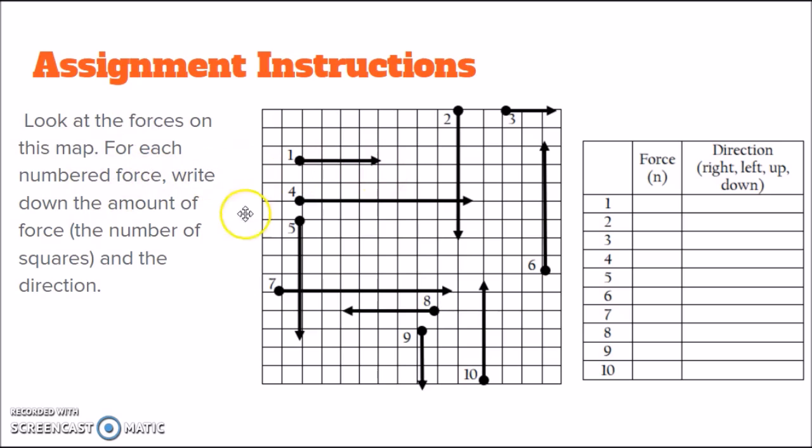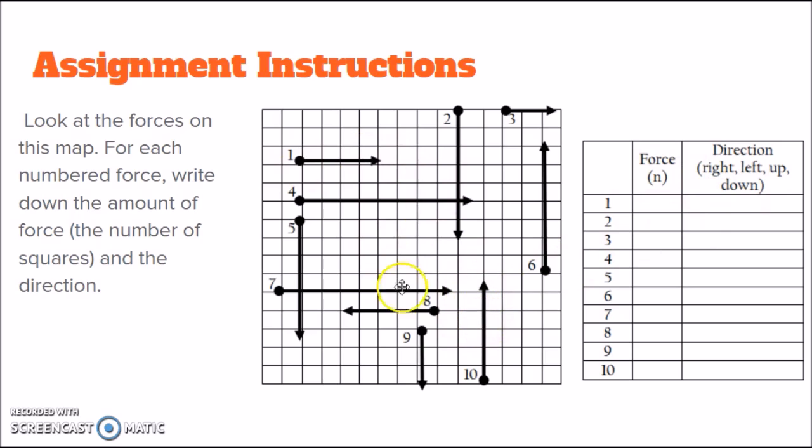For each numbered force vector, you're going to write down the amount of the force, the number of squares, and the direction. So like for number 1, you find number 1, which is right here. Number 1 starts here, and it goes 1, 2, 3, 4. This one's 4 newtons, so you write that down here. And then which direction is it going? Well, it's going from left to right, so it's going right.